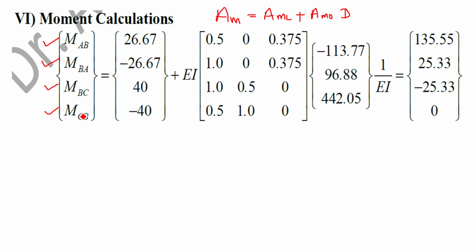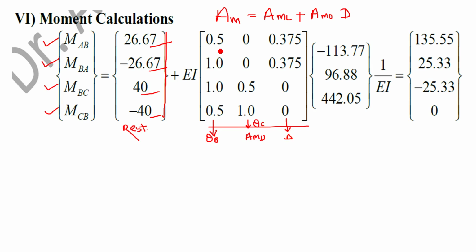Now the values of these unknown moments in the restraint structure, restraint meaning fixed structure, form the AML vector. So this is MAB in the restraint structure, this is MBA clockwise so minus, this is MBC 40, and MCB clockwise 40 means minus 40. The AMD matrix you will get from the unit displacement figures: the first column from theta B equal to 1, the second column from theta C equal to 1, and the third column from the delta equal to 1 figure.